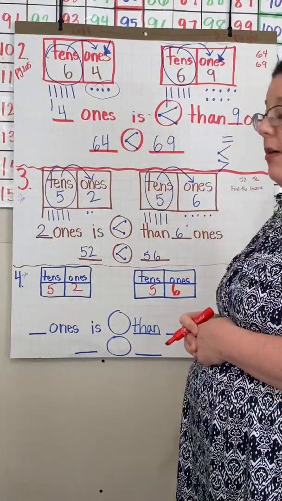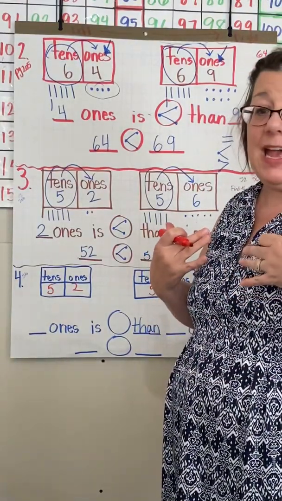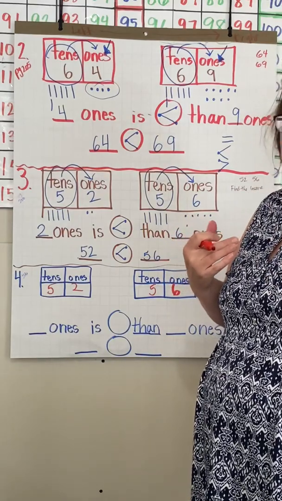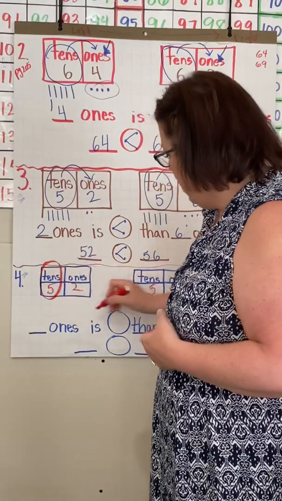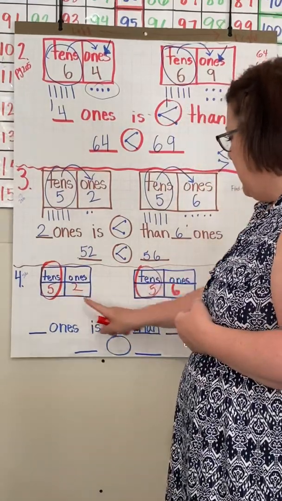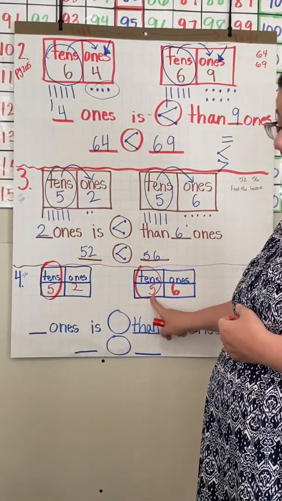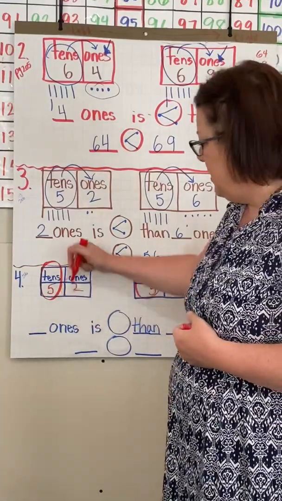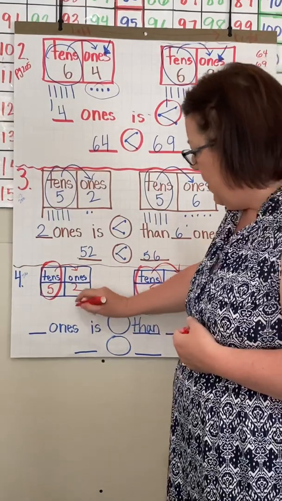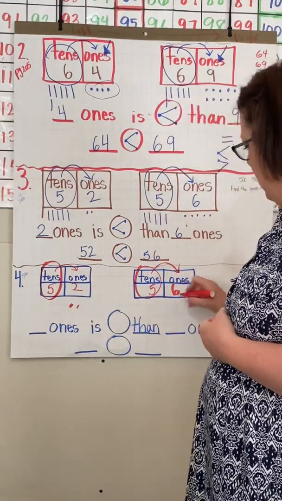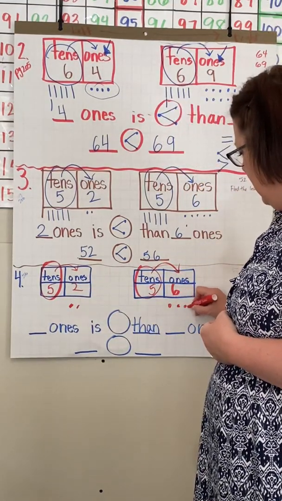Okay, and we're going to compare the ones place again, but sometimes those books, they try to trick us, so we always have to look at the greater place value first. So we're going to look at our tens place. It looks like they are the same, okay? Because those numbers are the same, we're going to look at the ones place, okay? Here we have 2 ones, and here we have 6 ones.